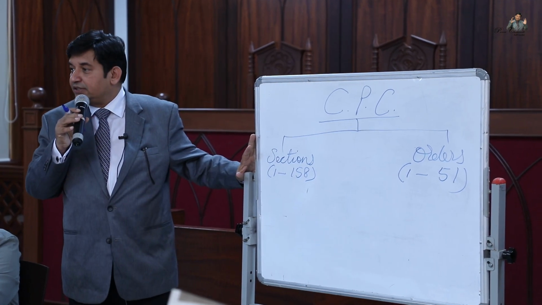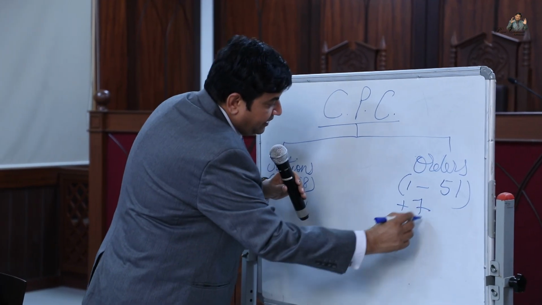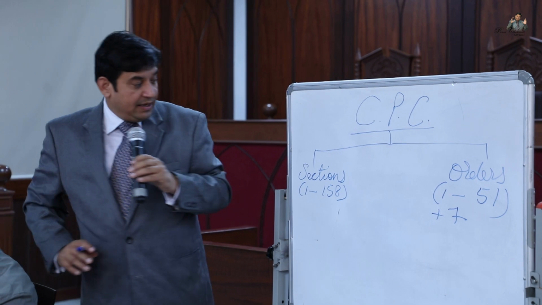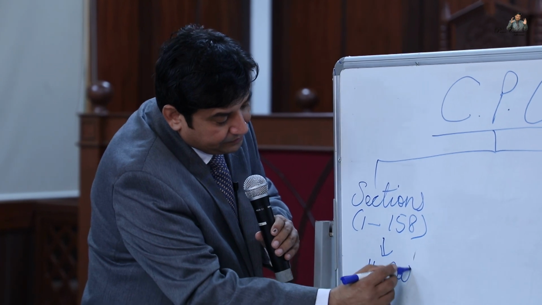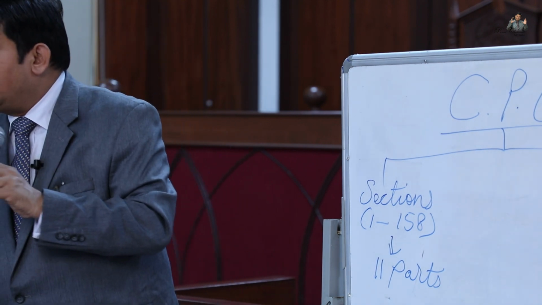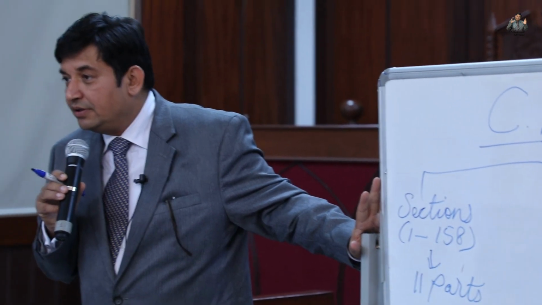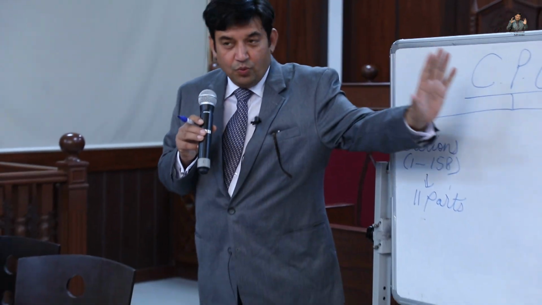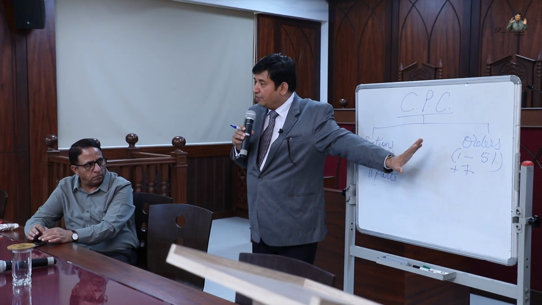Sections 1 to 158 and orders 1 to 51 with amendments plus 7. 7 more orders have been added. Right? Under this section there are 11 parts. These sections have been classified under 11 parts. And we are just talking about part 1, that is suits in general. Got it? Now suits in general, in conjunction with seeing the orders, Order 1, parties to the suit, Order 2, frame of the suit.